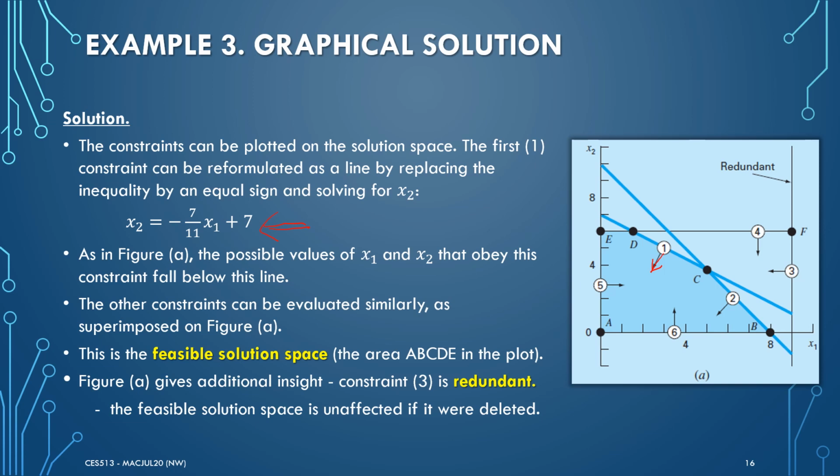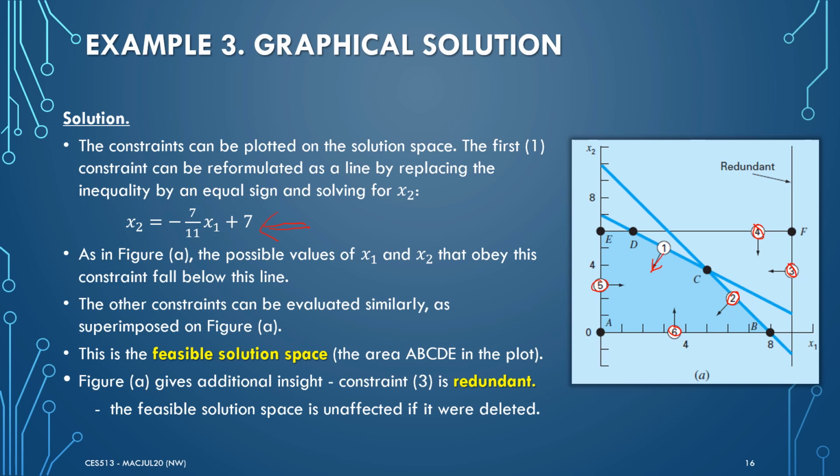The other constraints can be evaluated similarly, as superimposed in figure A. So now we have the second constraint, and then third, fourth, fifth, and sixth.